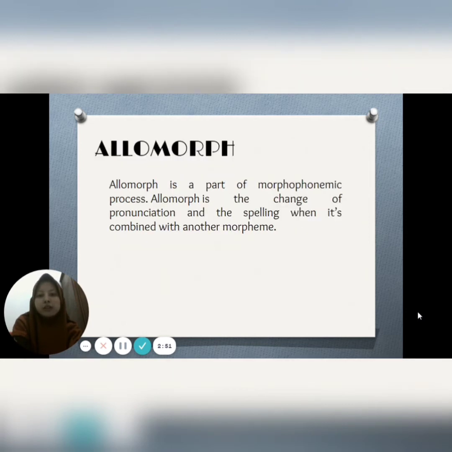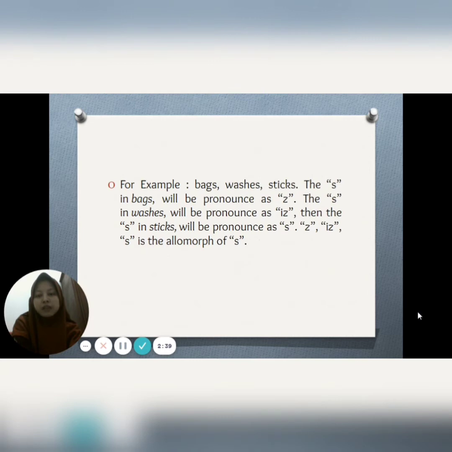Allomorph. Allomorph is a part of the morphophonemic process. Allomorph is the change of pronunciation and spelling when it is combined with other morphemes. For example, the words bags, washes, sticks.